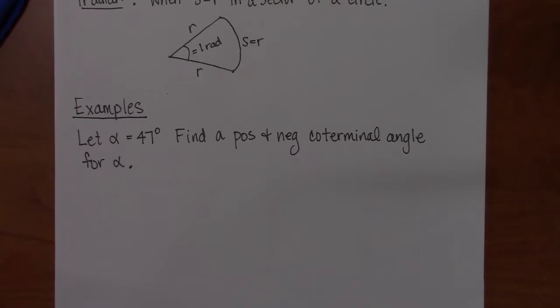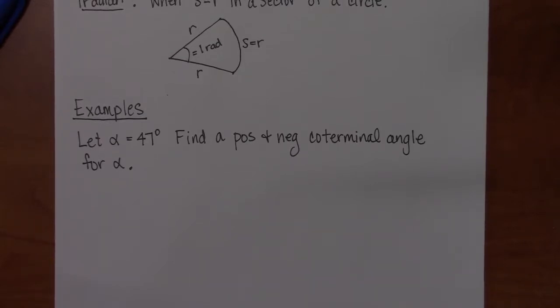We're going to let alpha be 47 degrees, and we're going to find a positive and negative coterminal angle.